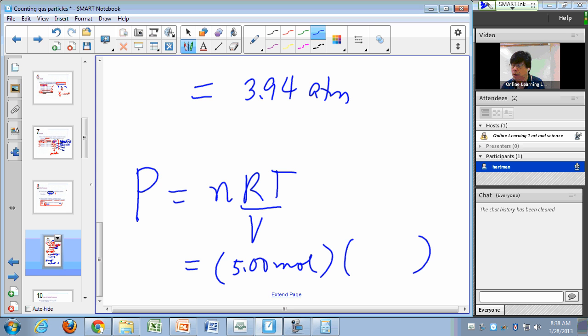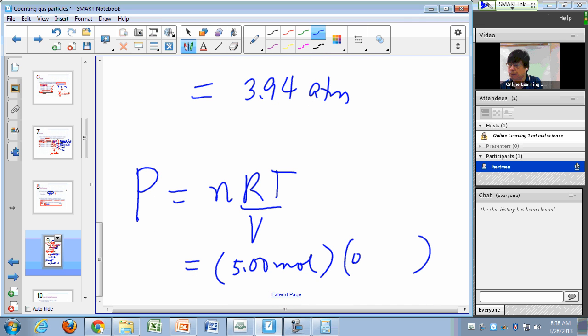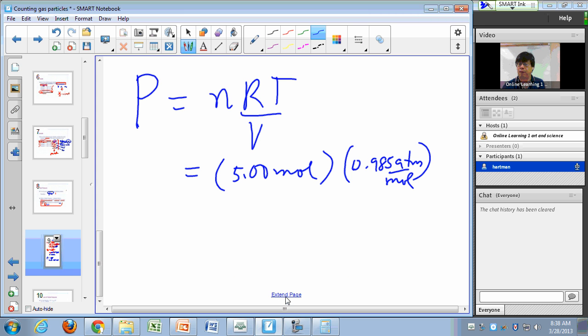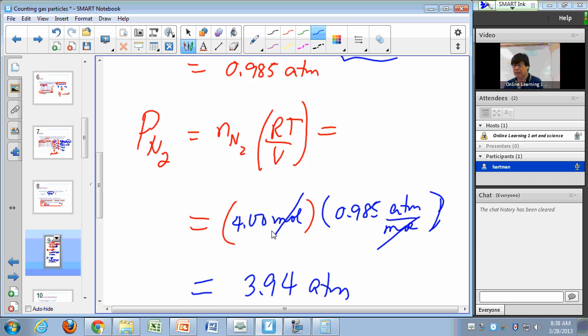And I already know my RT over V is 0.985 atmosphere per mole. So what's 5 times 0.985? 4.925, so 4.93 atmospheres. Is that the same number you get if you just added the two, 0.985 plus 3.94? Of course it is.